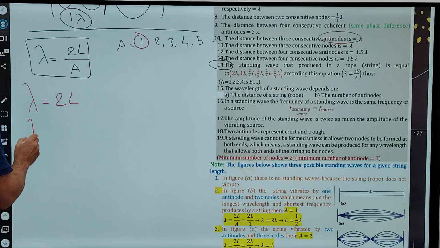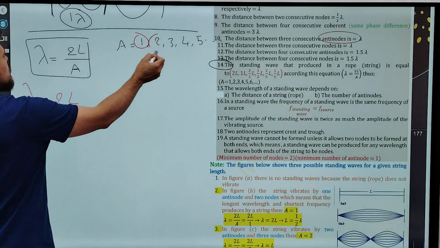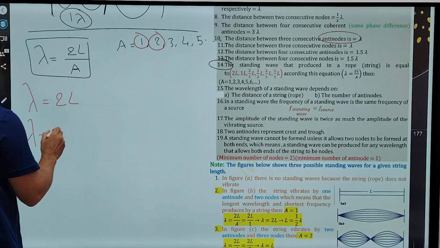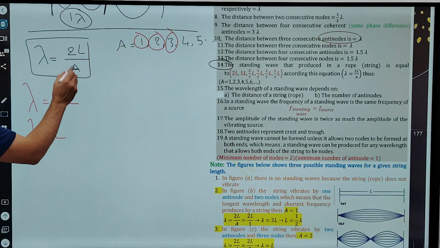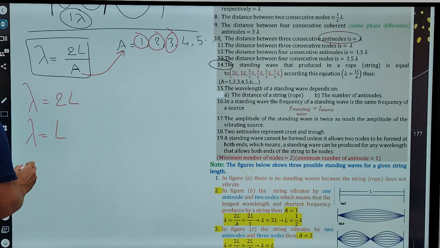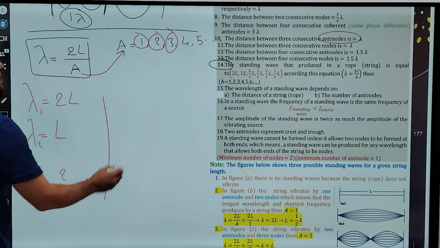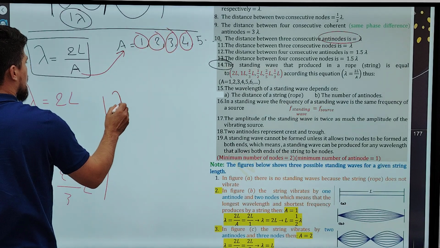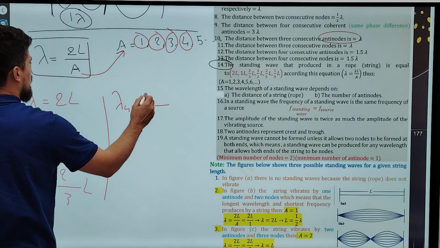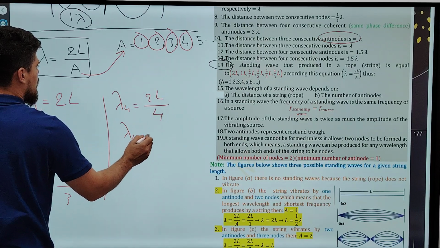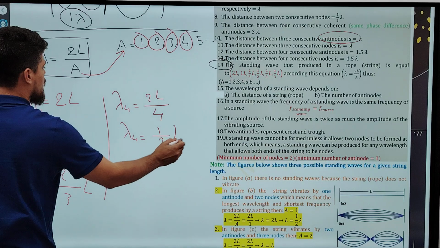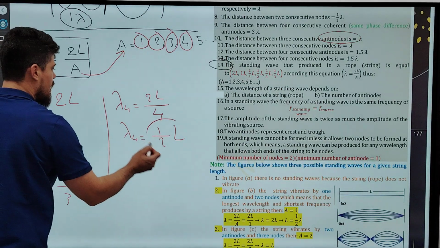This is 2L. The second one, 2L over 2. 2 with 2 cancel, what remains? L. The third one, 2L over 3, 2 over 3L. For this one, wavelength number 4, 2L over what? Over 4. You can simplify. 2 over 4 is equal to 1 over 2L. Okay?